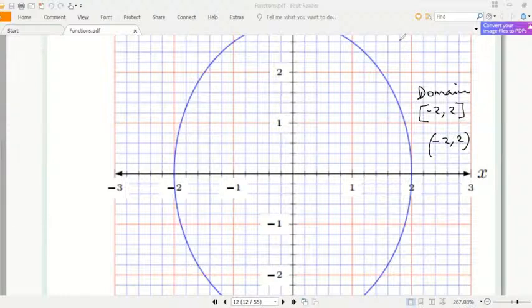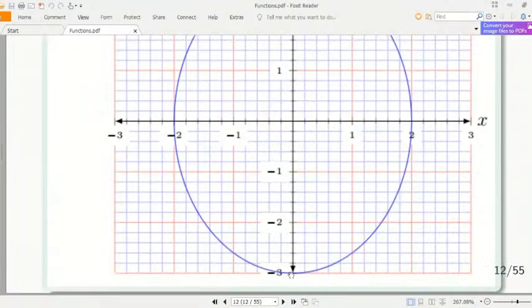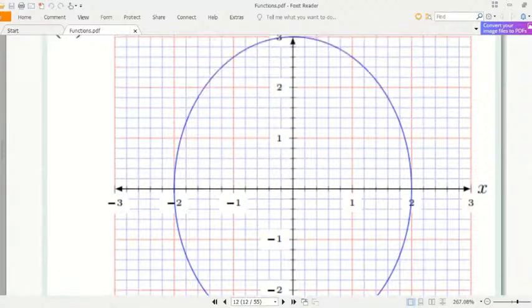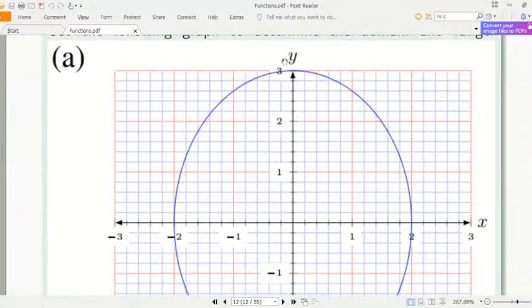So let's see, where do the y values begin and where do they end? The lowest y value here is -3, and it is included, and the highest y value that I see here is +3. That means that the range of this function is from -3 to +3, and the positive 3 is included, and the negative is also included. So this is the range.